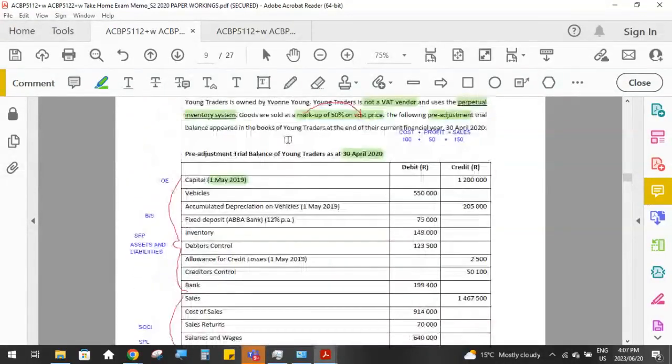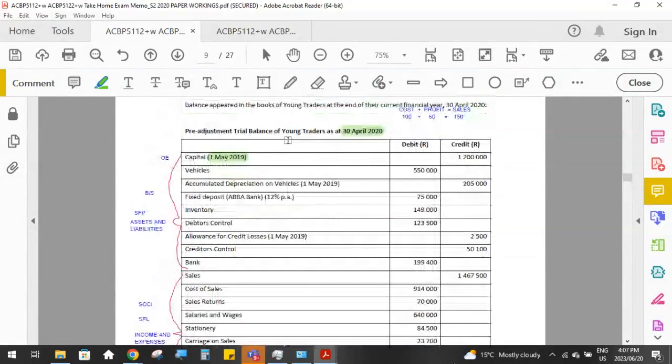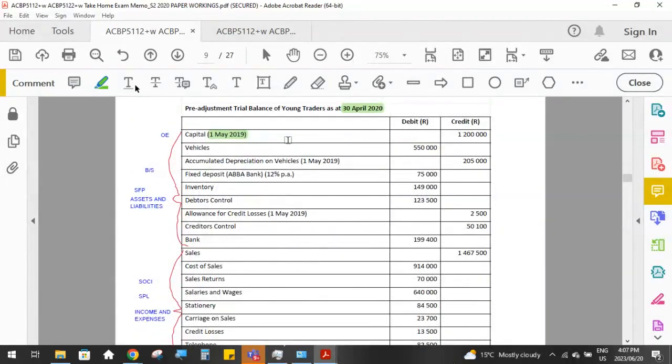So we go and have a look at our trial balance. We are looking for our fixed deposit. So here it is here. Okay, anyway, just ignore that.